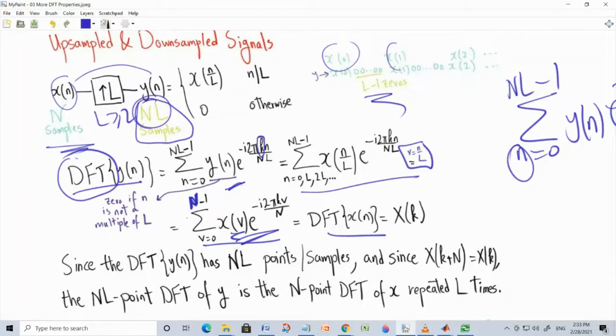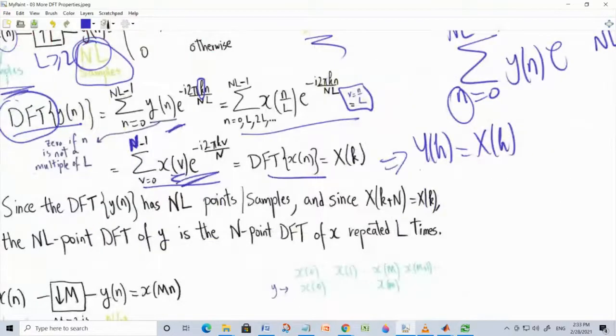Yes, that's true. So here what we have is Y[k] is equal to X[k]. So what is Y[k plus N]?